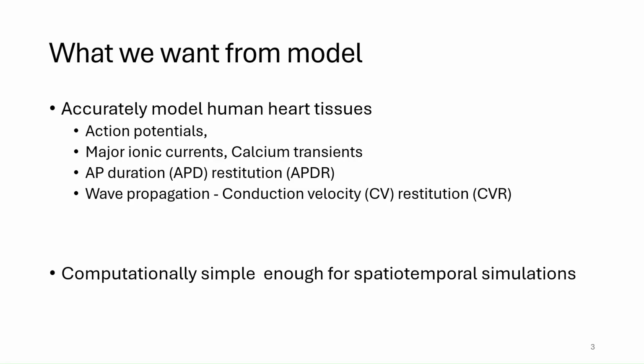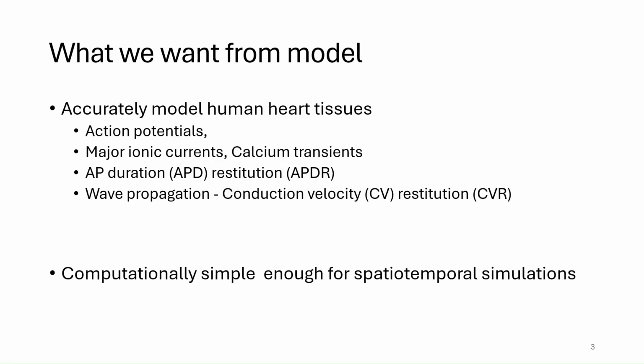Also, it was not very easy to perform experiments on the human heart. So instead of performing many experiments, a mathematical model of the human heart could be very beneficial in understanding such arrhythmias properly.